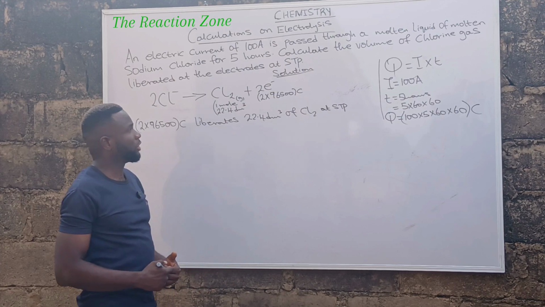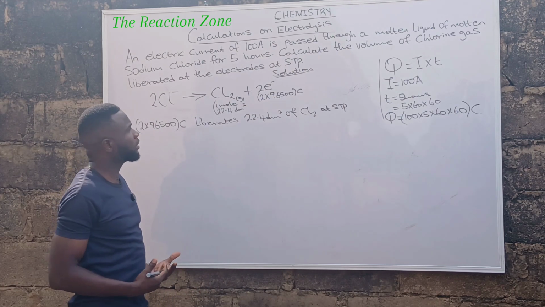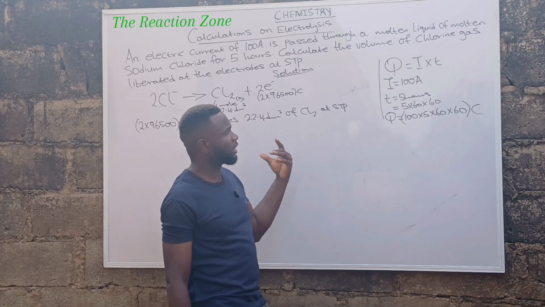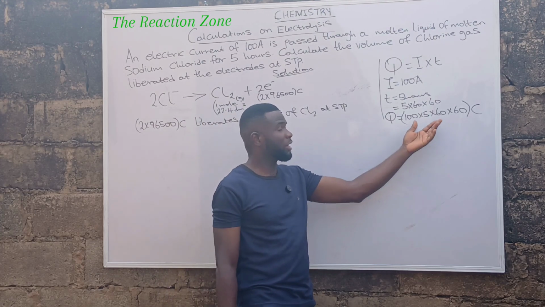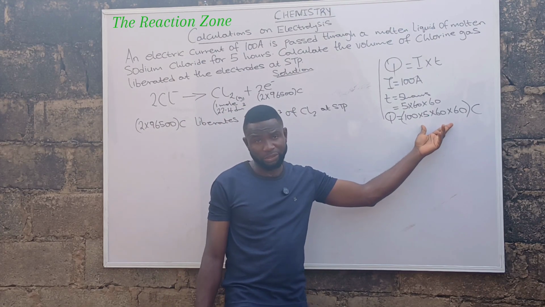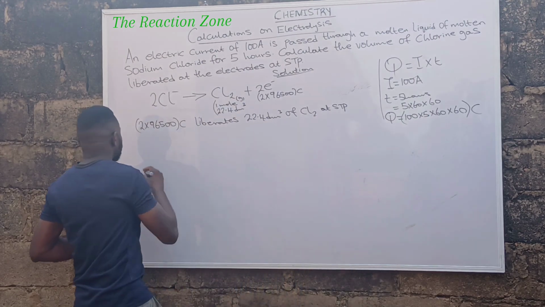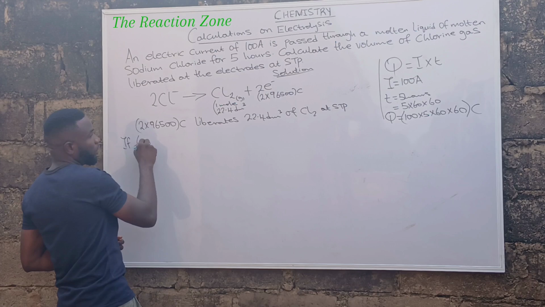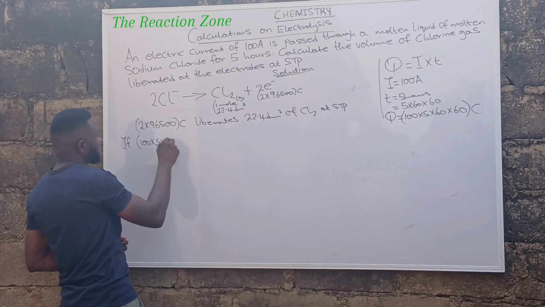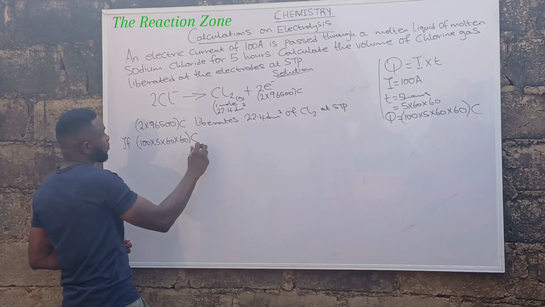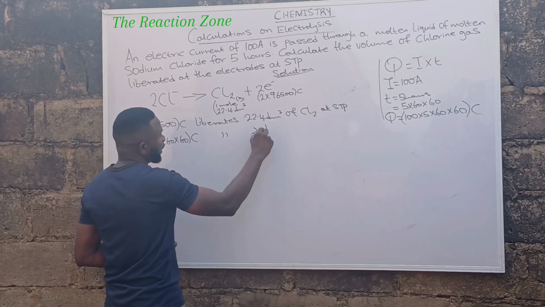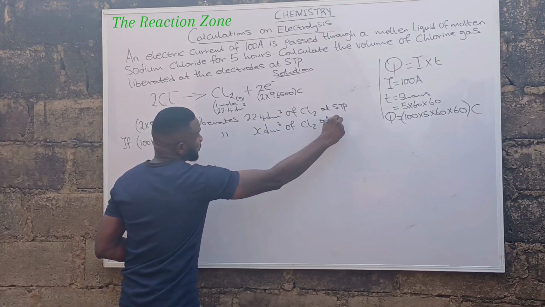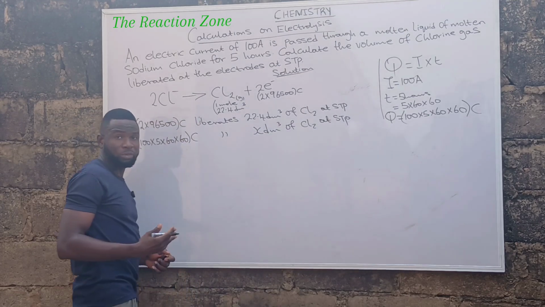So what this means is that the question is telling us to find the volume of chlorine gas that is going to be liberated at standard temperature and pressure by this quantity of electric charge. So we're going to say if 100 times 5 times 60 times 60 coulomb liberates X dm³ of chlorine gas at STP, then we can cross multiply.